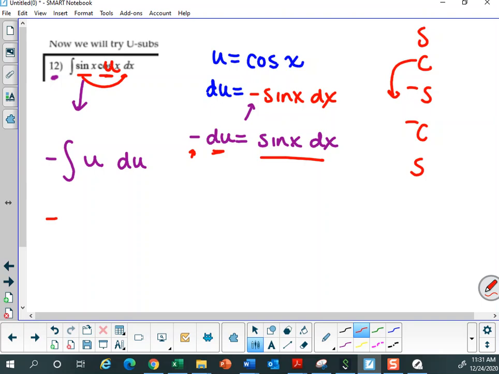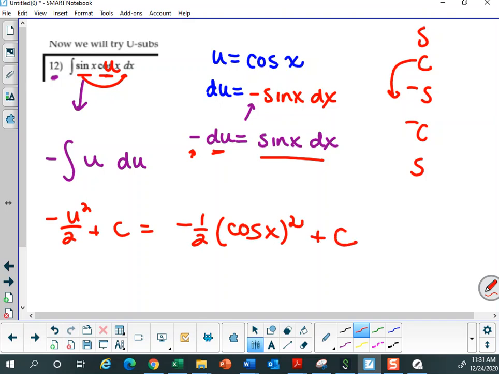So then this would be negative u squared over 2 plus c, or negative 1/2 cosine x squared plus c. Now, I know it feels like they're different answers. They technically are going to be the same.